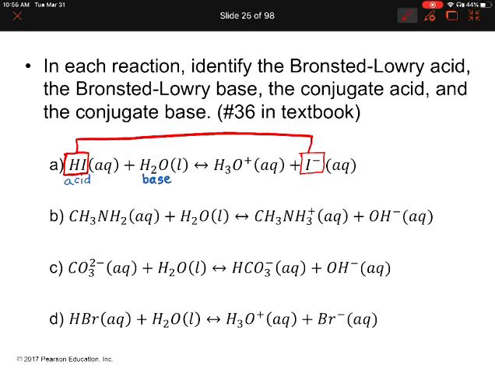So HI has lost a hydrogen, so we'll write minus H plus there. So when the acid loses a hydrogen, it becomes a base. So I minus would be the conjugate base.